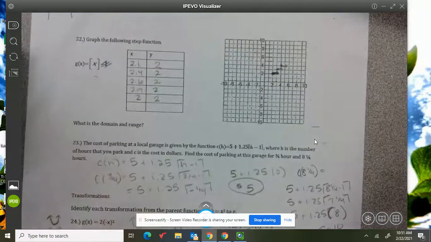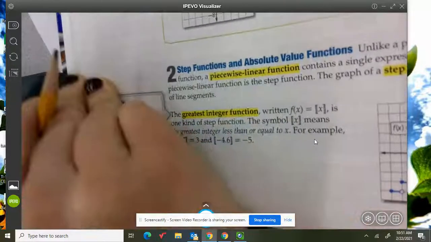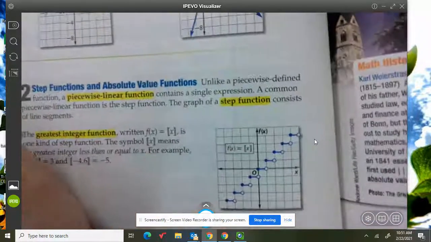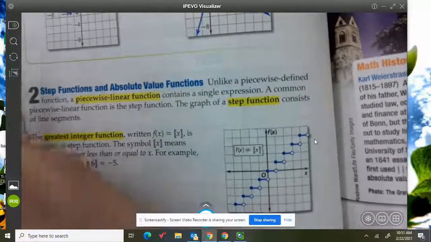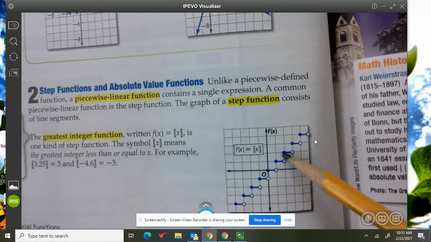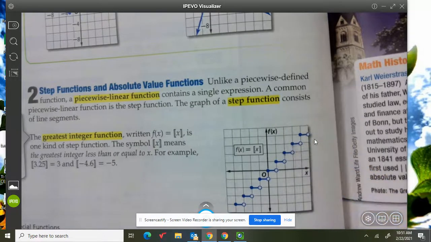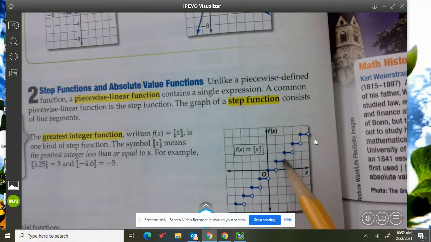And then it'll start looking like this. So if I had 2, fill it in, open circle. 3, fill it in, open circle. Okay, and it looks like steps because it's rounding up or rounding down. Well, it's going to be these little constant functions because you're not going to go to 2.5. You're going to go to a whole number.